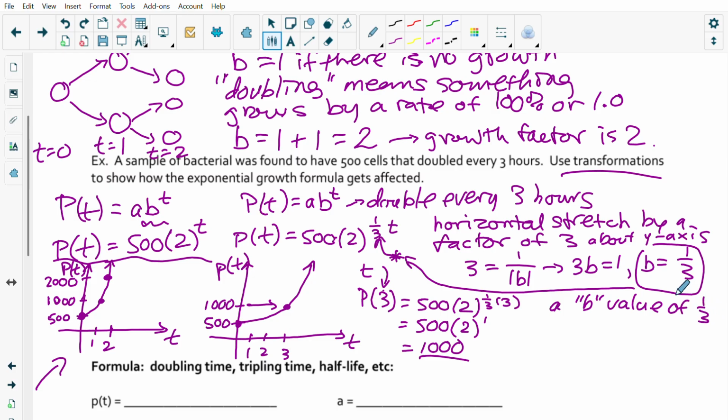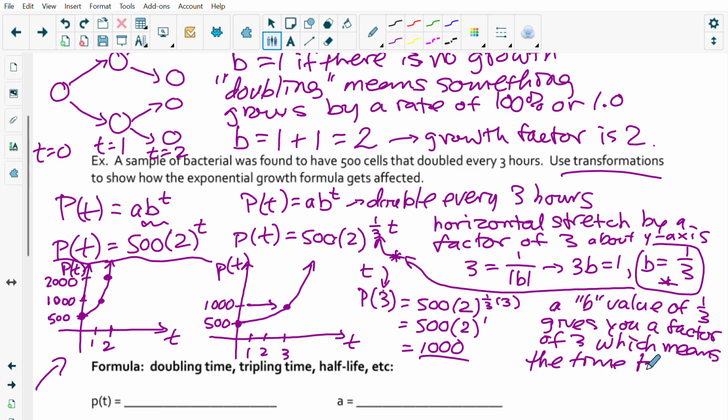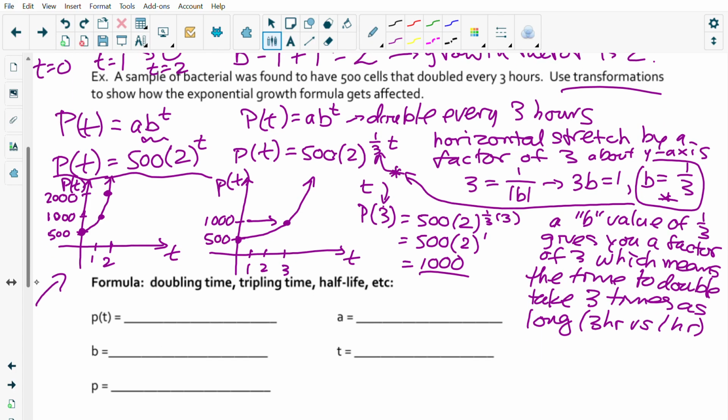A b value of 1/3, so I'm talking about this b value, gives you a factor of 3, which means, in words, the time to double takes 3 times as long. So 3 hours versus 1 hour.